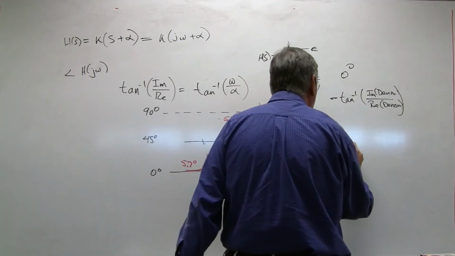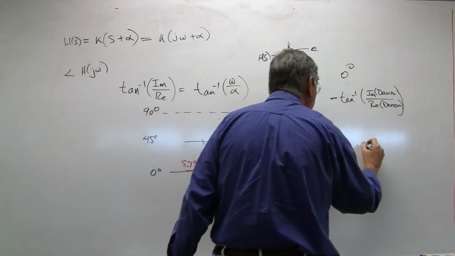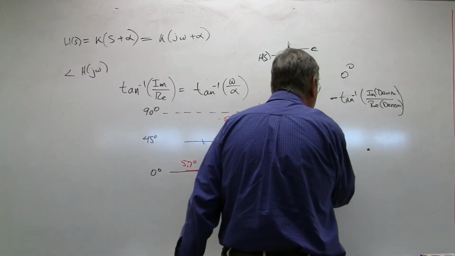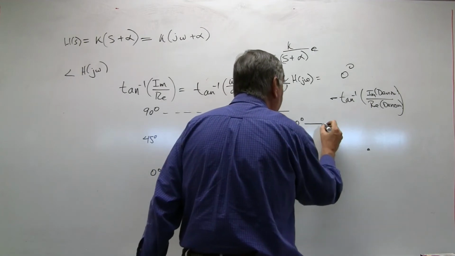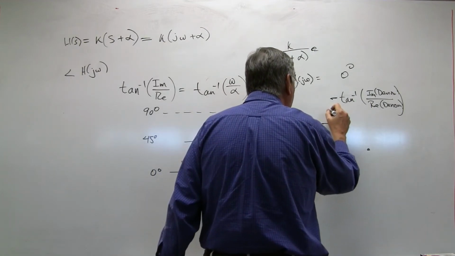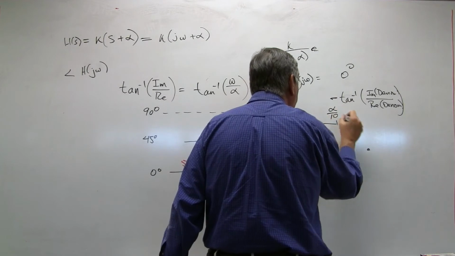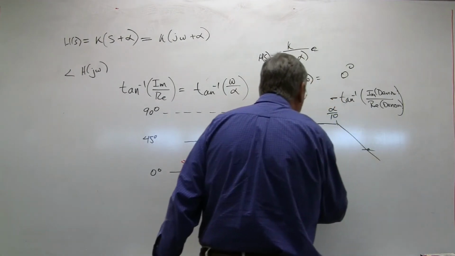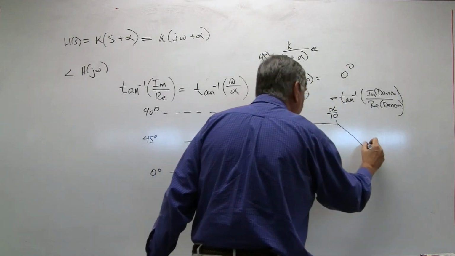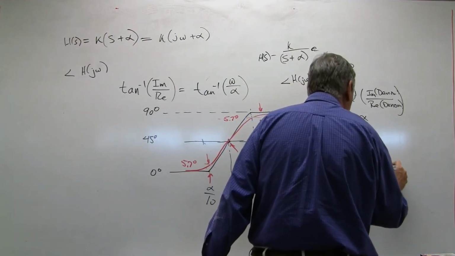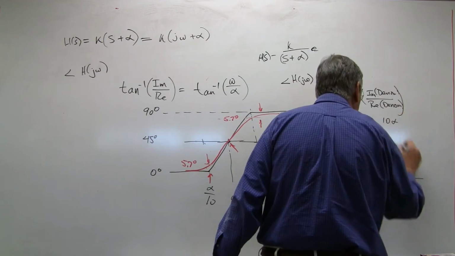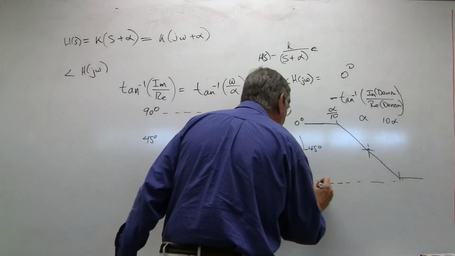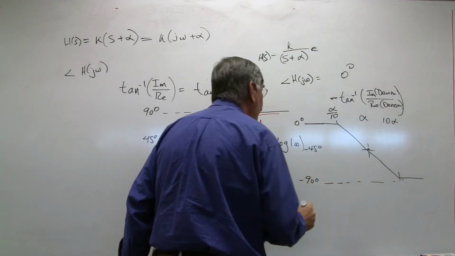So in other words, the plot of this function, at low frequencies, is at 0. It stays there until we get to alpha over 10. It goes down and hits minus 45 degrees at a frequency of alpha, and it continues down with that same slope until it hits a frequency of 10 alpha, where it flattens back out, and that happens at minus 90 degrees.